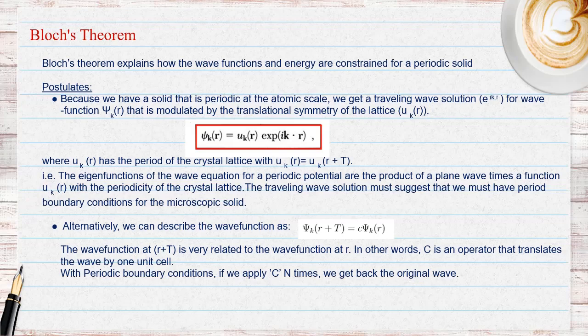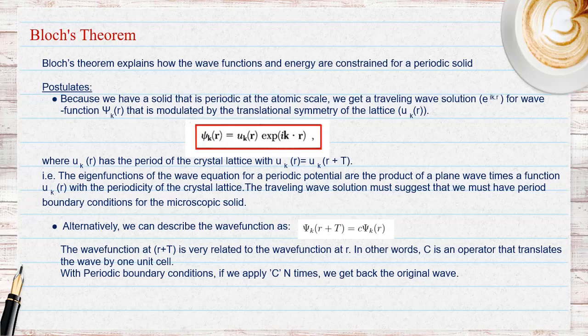Alternatively, there is another postulate using this theorem. We can describe the wave function as psi k of r plus t is equal to an operator c times psi k of r.